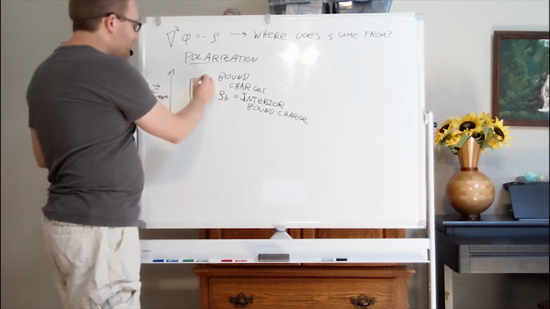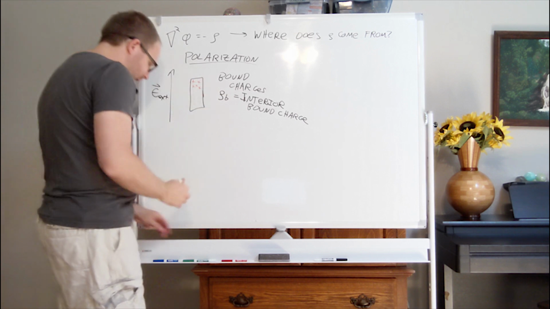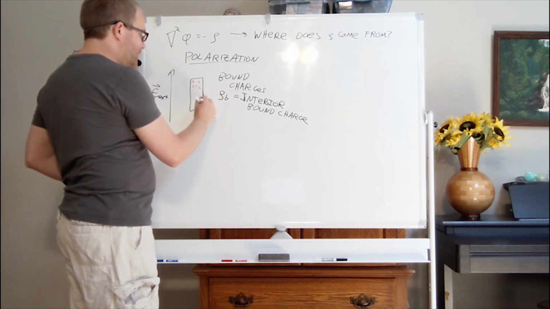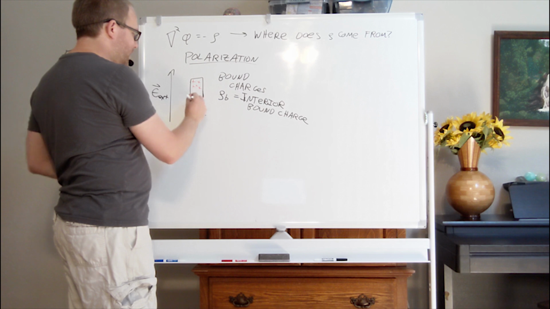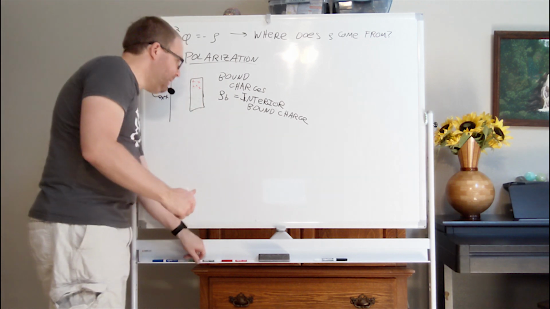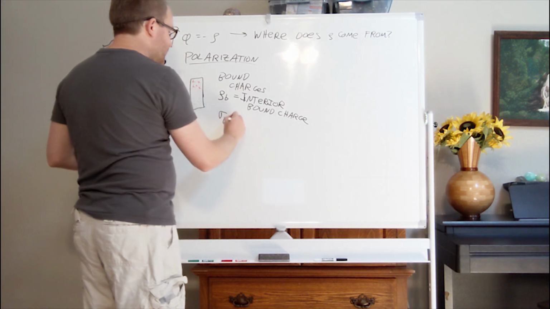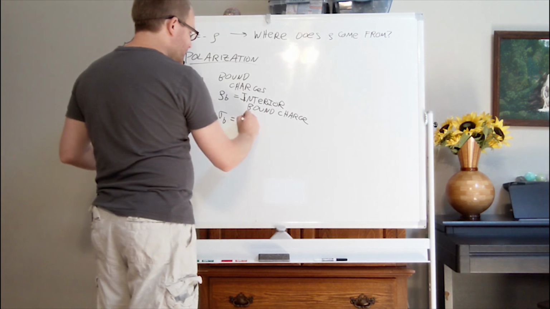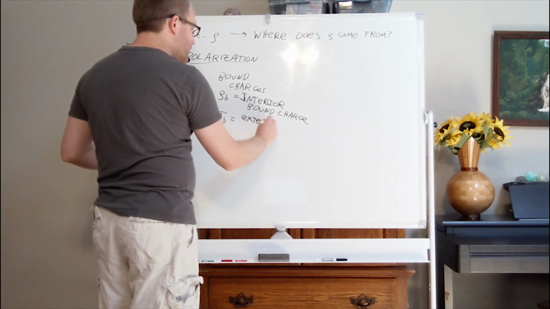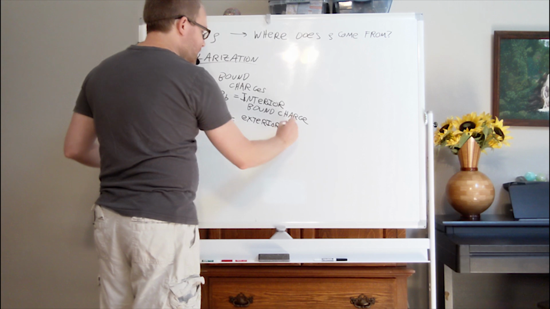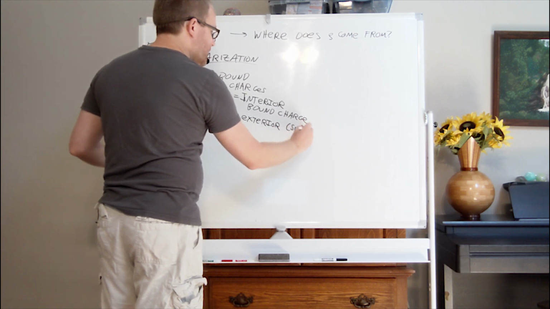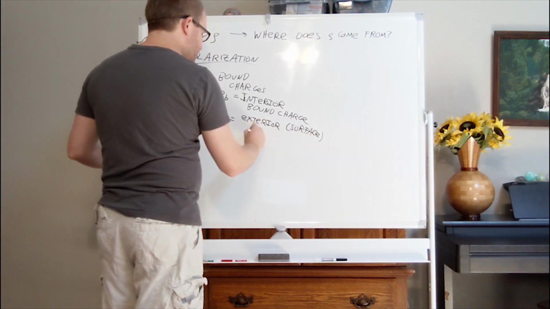Or you can have some charges end up along the edge of the material. We call that one sigma b for the surface, so this is the exterior or the surface bound charge.